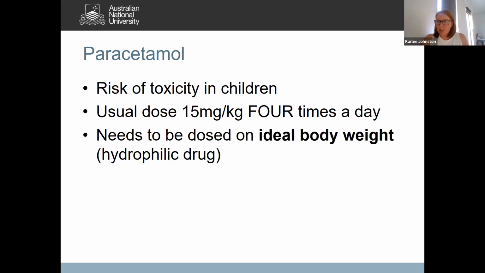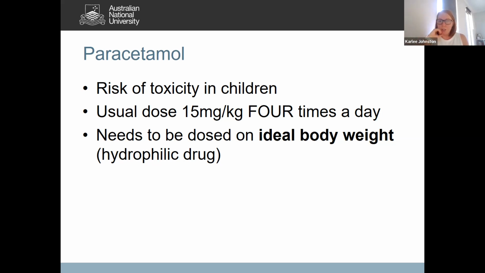Now, paracetamol, it's just really important to talk about specifically because paracetamol is the most commonly prescribed drug for children, but there is a higher risk of toxicity in children than there is in adults. The usual dose for children is 15 milligrams per kilogram, dosed 4 times a day. They can't metabolize paracetamol as well as adults, so they have an increased risk of toxicity.